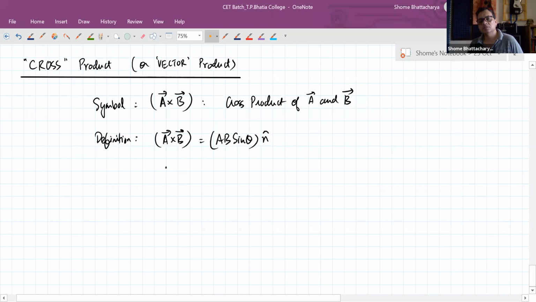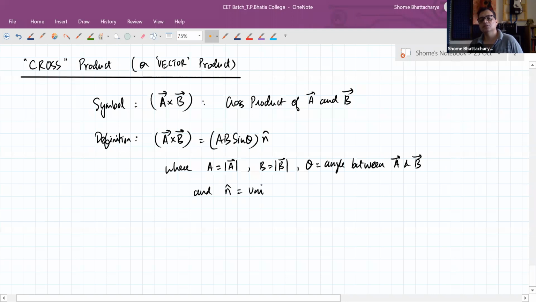In this definition, obviously A is the magnitude of the vector A, B is the magnitude of the vector B, and theta is the angle between A and B. But n cap, this is very important, n cap is the unit vector which is perpendicular to A and perpendicular to B, both of them.